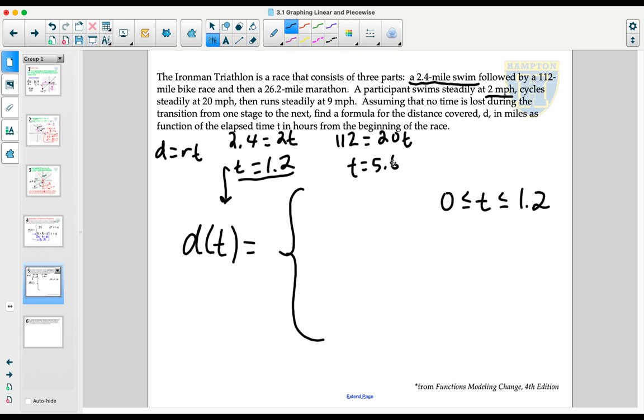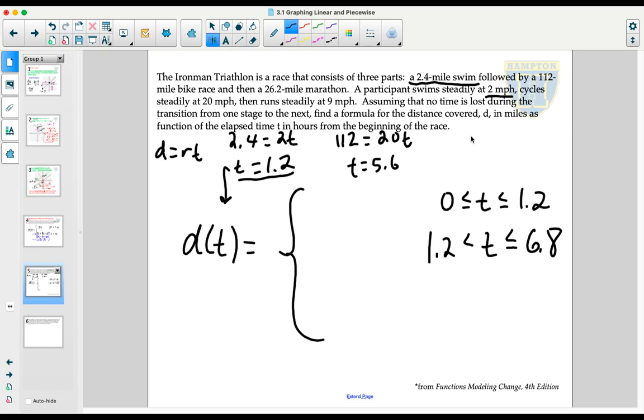So I can't just say 0 to 5.6. I'm going to pick up my domain at 1.2, and continue that domain. We don't want the equal to here. And I'm going to continue that domain until that 5.6 hour section is finished. That section will be finished after 6.8 total hours.